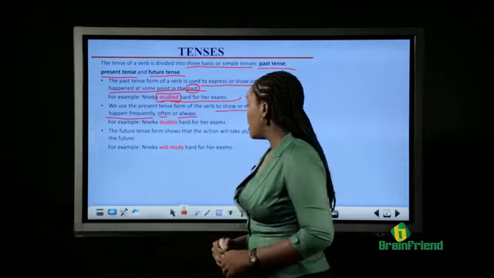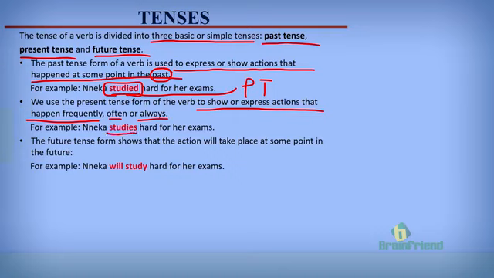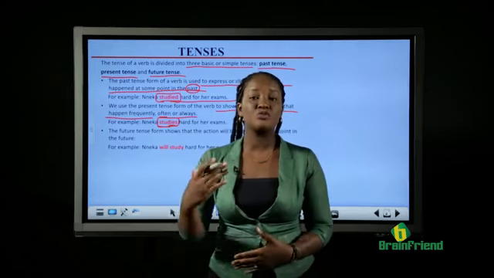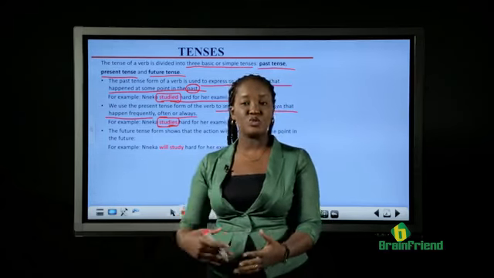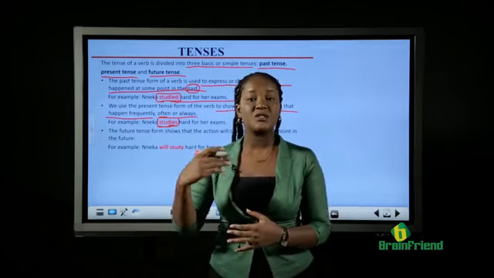For example, Nneka studies hard for her exams. The verb studies is in the present tense because it indicates that Nneka studies. She studied yesterday, she will study tomorrow, and she keeps studying.